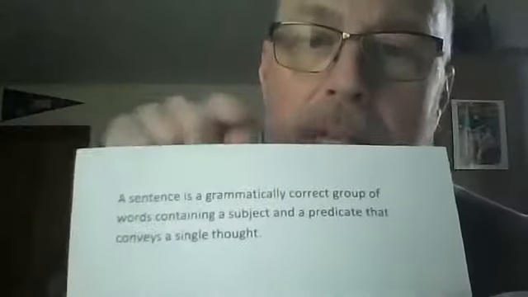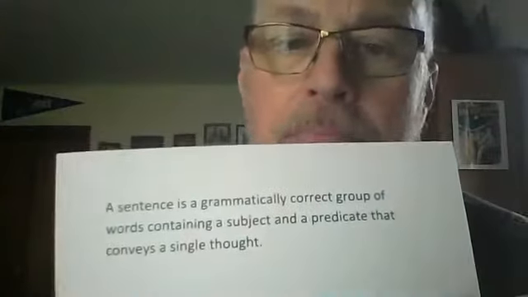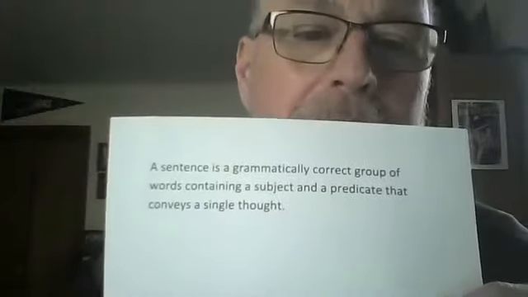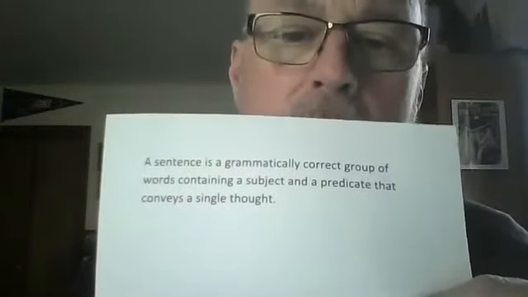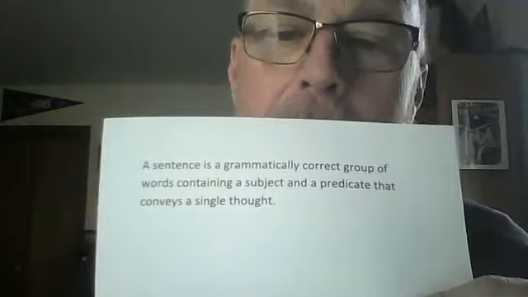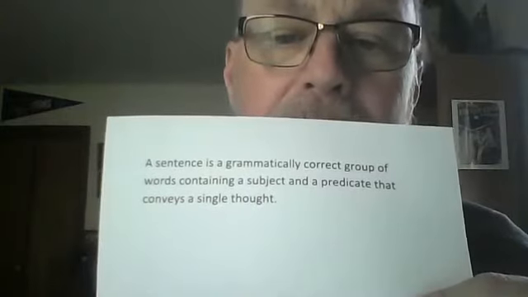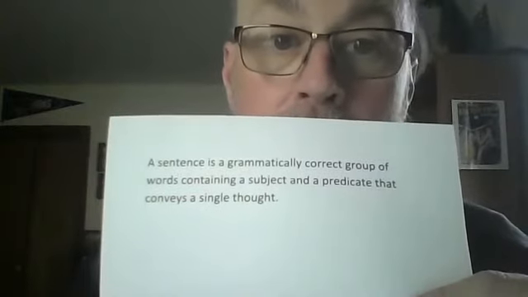Now, what exactly is a sentence? Right? But let's actually figure out exactly what it is. And I'm reading this backwards on my screen because it's showing up backwards as I look at it. A sentence is a grammatically correct group of words containing a subject and a predicate that conveys a single thought.